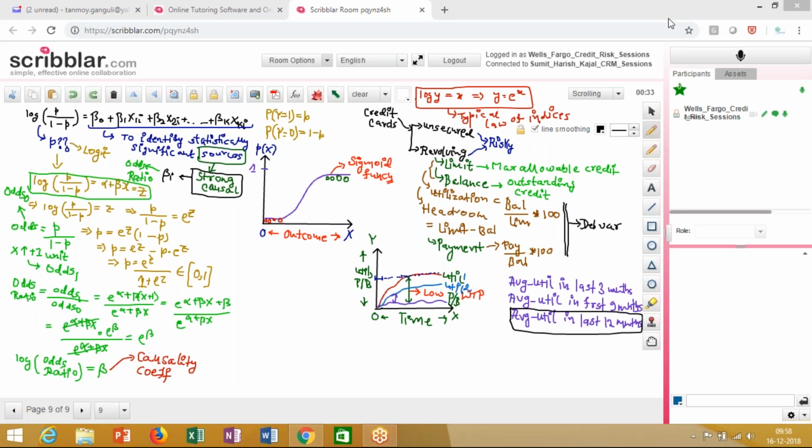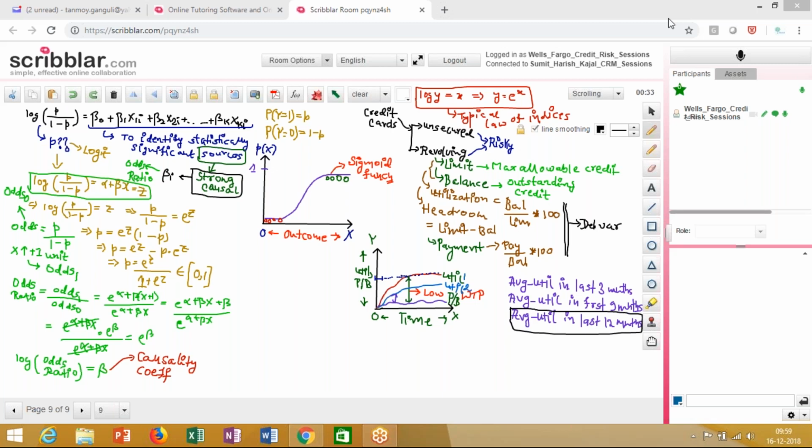Okay. So this part is clear, right? Now coming to the next part. This is utilization, and similarly you look into similar time periods for payment balance ratios. However, if you're looking into the average utilization in the last 3 months, then the payment balance ratio that you look into would be for the next 3 months.